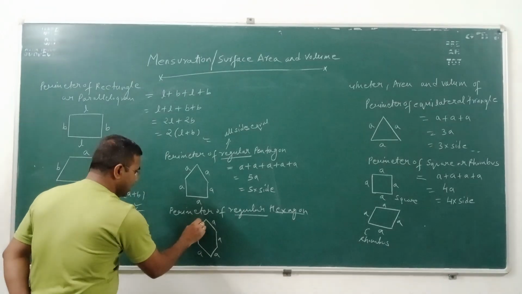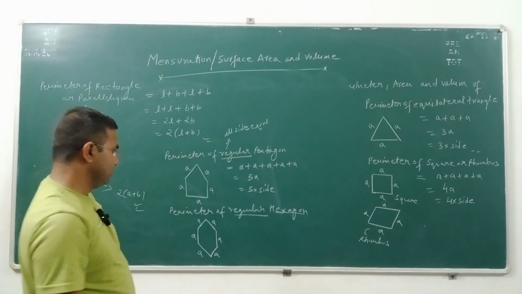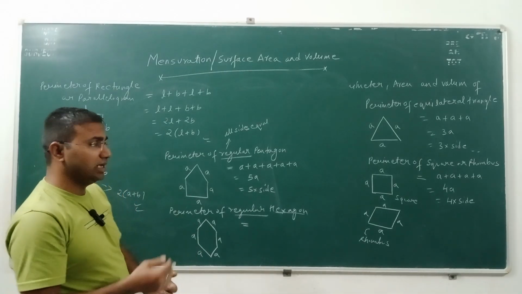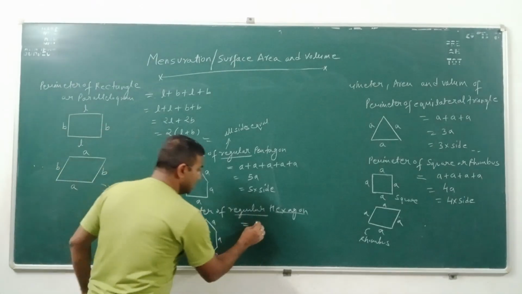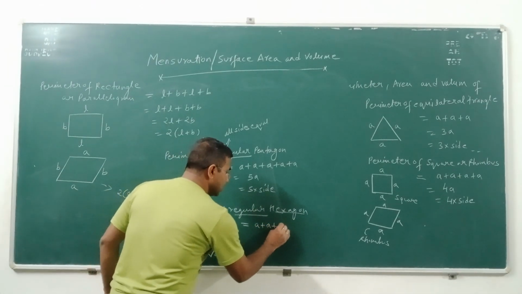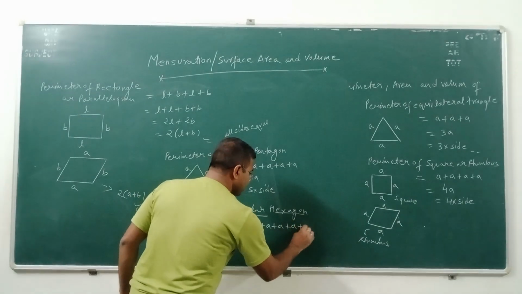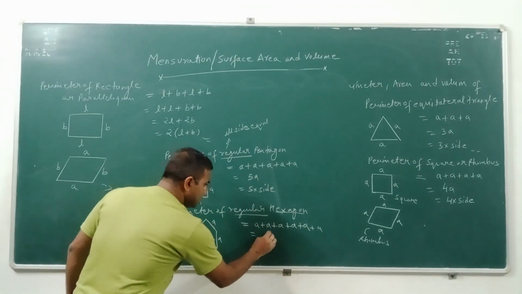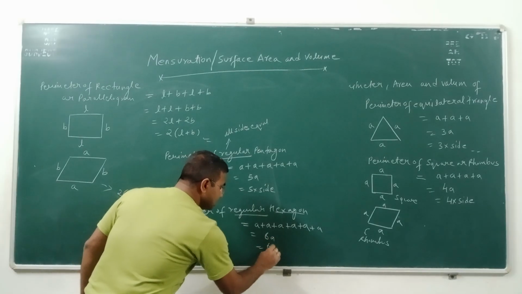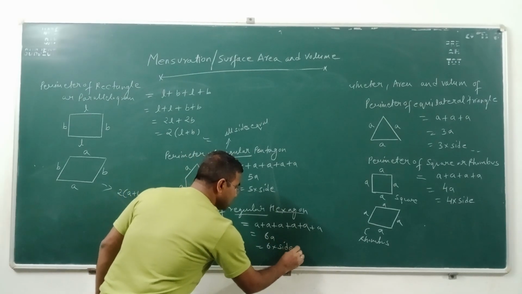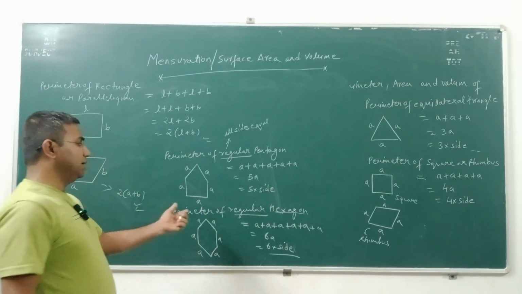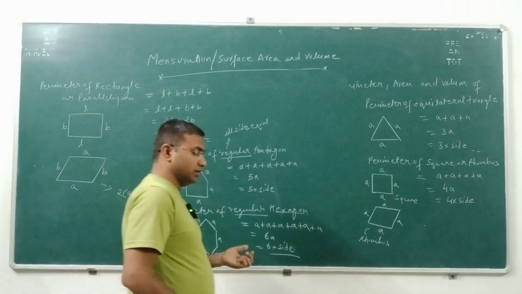Suppose we have taken A, then all sides will be A. Then the perimeter of a regular hexagon again can be calculated by taking the sum of all sides. So here we will add A plus A plus A plus A plus A plus A. What will come? 6A will be there. 6A means 6 into side you will write. So here the perimeter of a regular hexagon will be 6 into side.